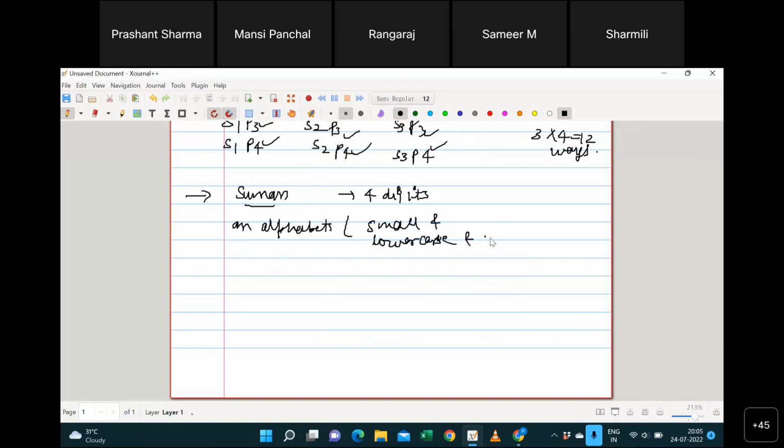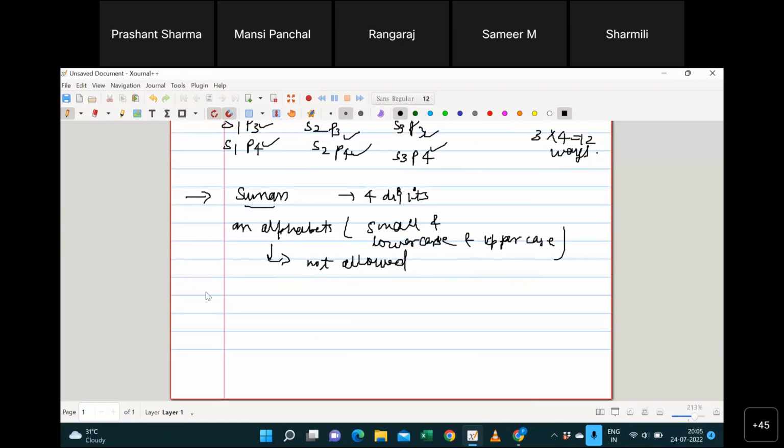Repetition of the alphabets is not allowed. Then in how many ways can she choose the password for her laptop?